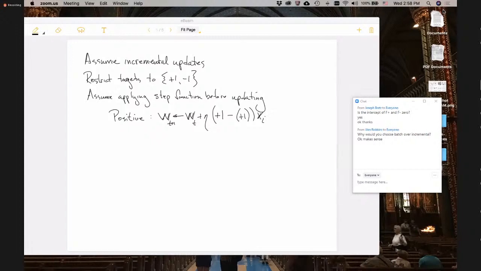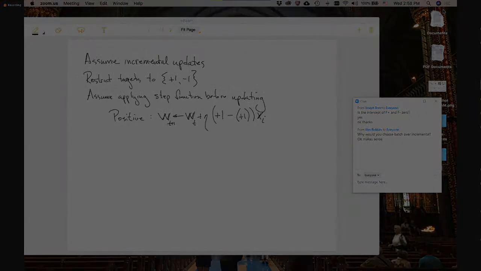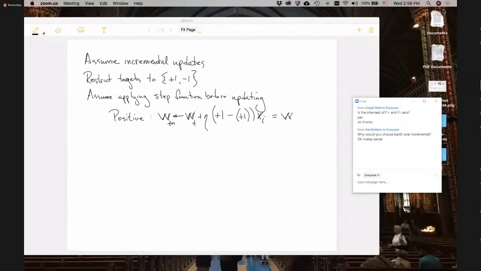If you do the math, you'll notice that the right-hand term cancels out. And so you actually get no change, which is exactly what the perceptron update rule said. If it's correct, don't change it.